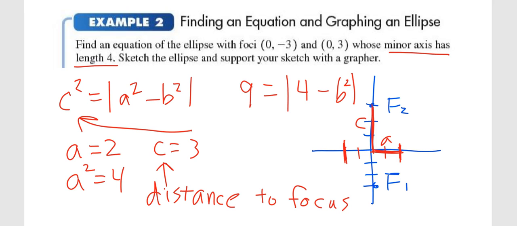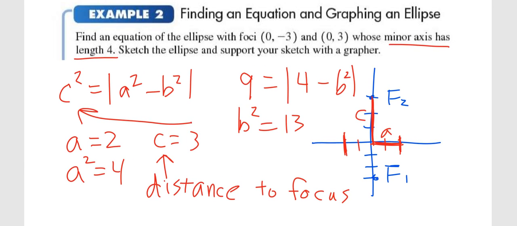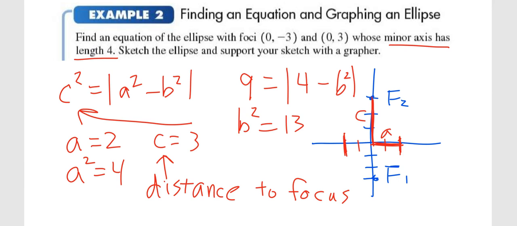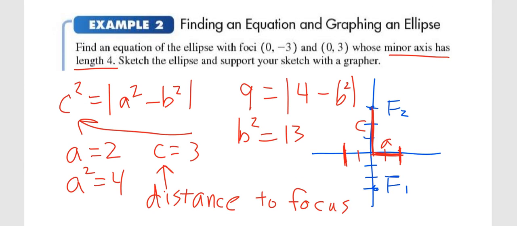13 is correct. B squared is equal to 13. Because if you take 4 minus 13 and take its absolute value, don't you get 9? How did I do that? I understand that absolute value means distance away from.